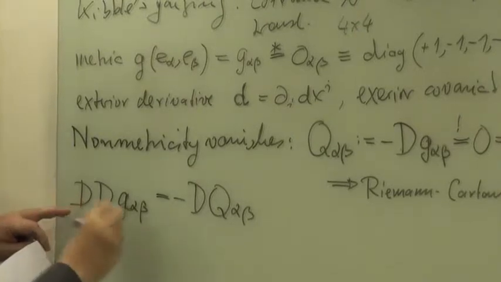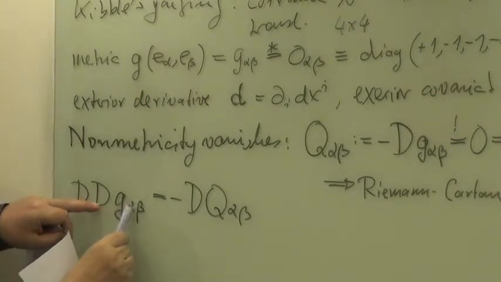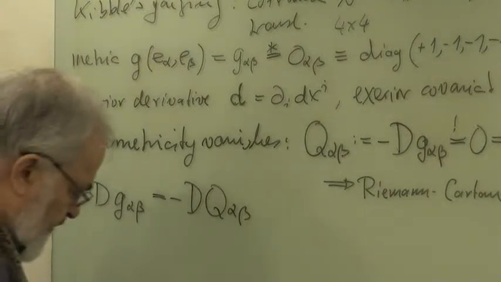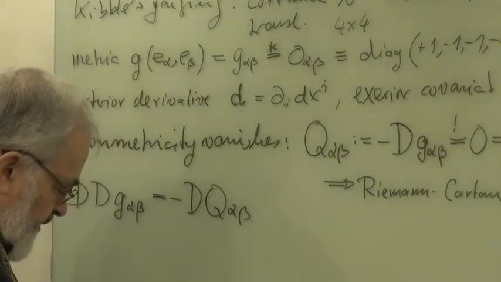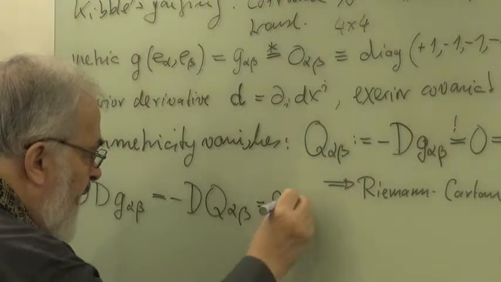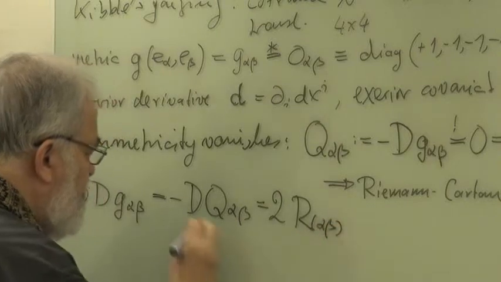And if you apply the Ricci lemma, then this is always the curvature tensor R with the first index plus with the second index. And if you evaluate this according to the Ricci lemma, you get here 2 R alpha beta symmetric.